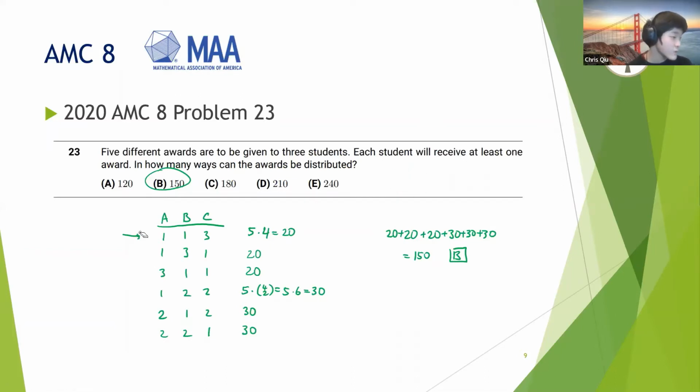And so then we've gotten our cases, which are having 2 people having 1 award and 1 person having 3 awards, and then also having 2 people having 2 awards and 1 person having 1 award. So then we can order these, and these are our cases.